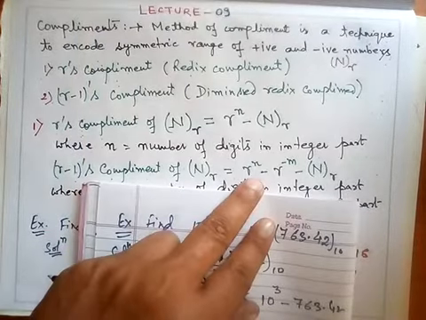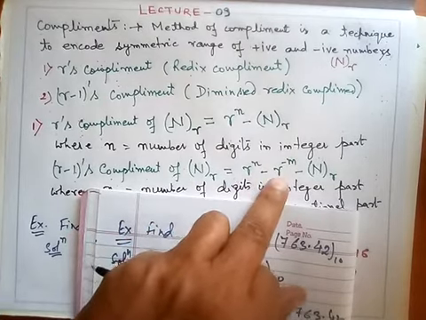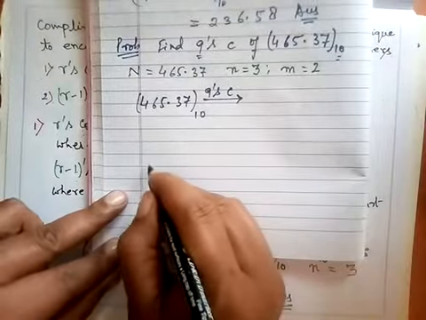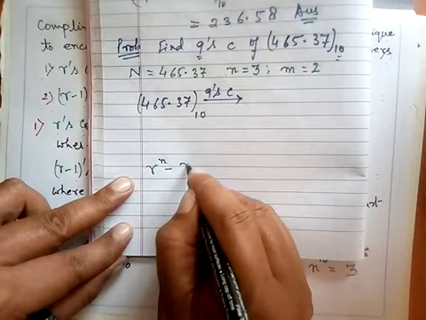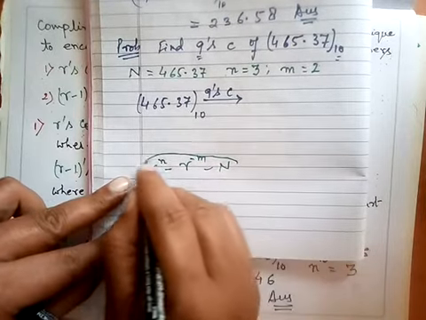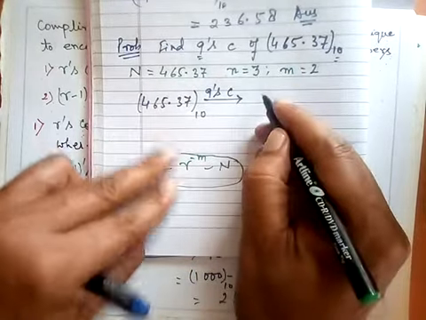Look at this again. Now I'll apply the formula: r to the power n minus r to the power minus m minus the number. Here the number is in base r. So what is r to the power n?